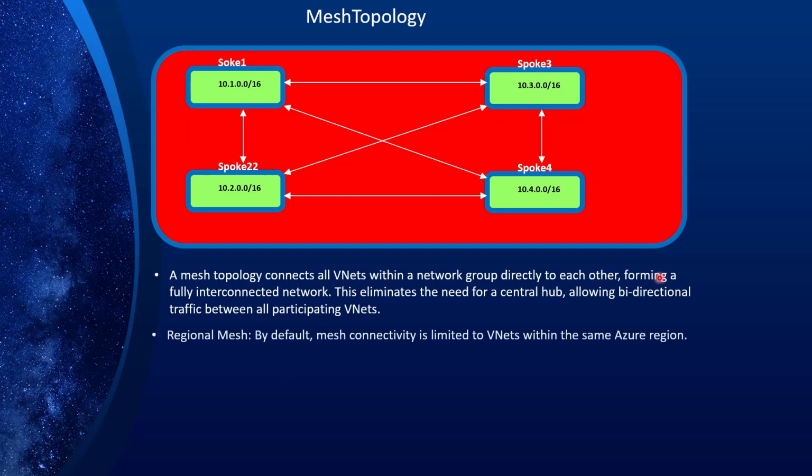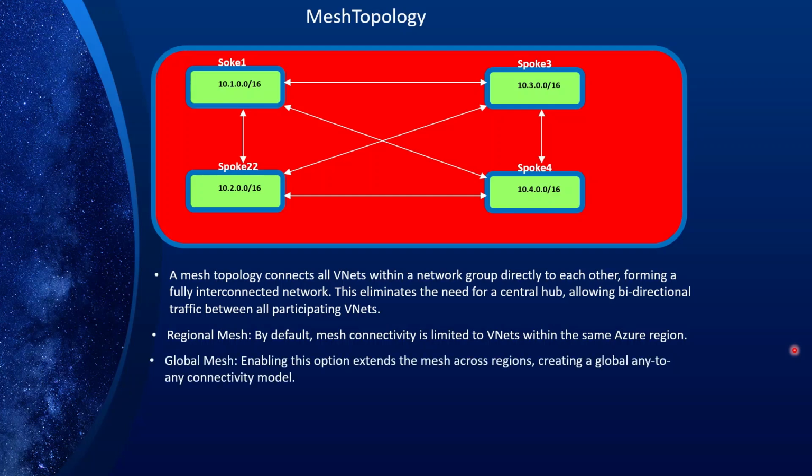There's no hub here. By default, mesh connectivity is limited to VNets within the same Azure region. However, we can enable global mesh, and then these VNets can be in different geographic Azure locations.